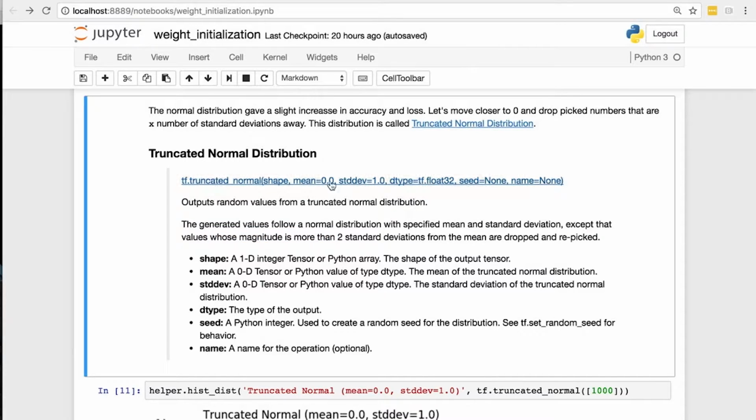So in this case, if your mean is 0 and your standard deviation is 1, any random sample where the value is greater than 2 will just be discarded. And then we'll resample it from the normal distribution.